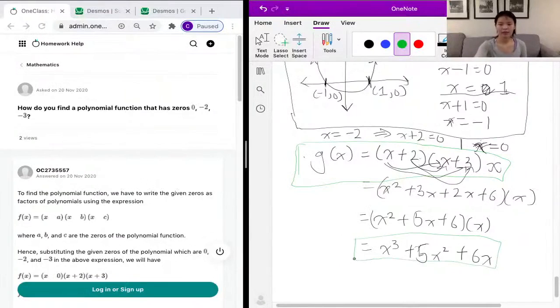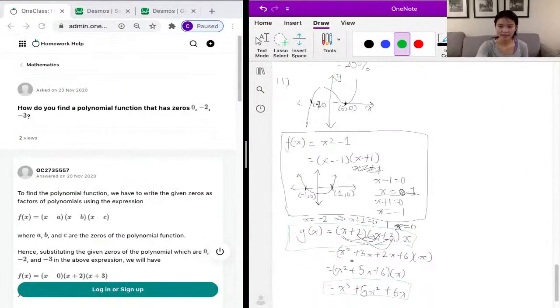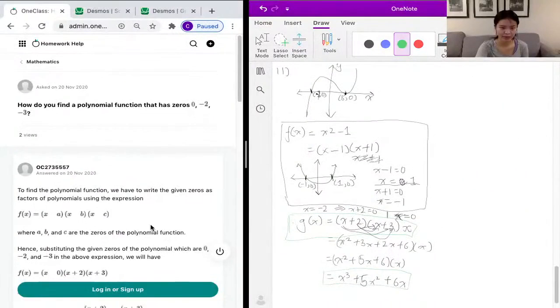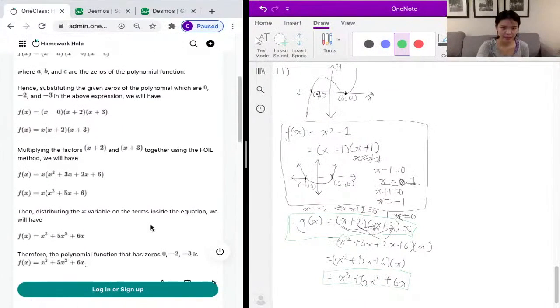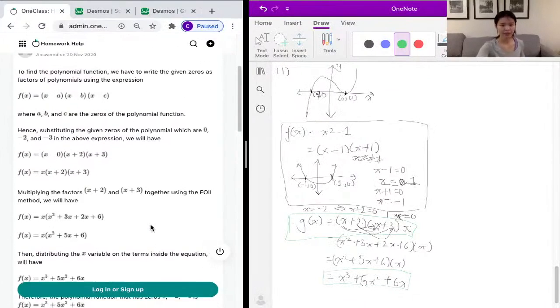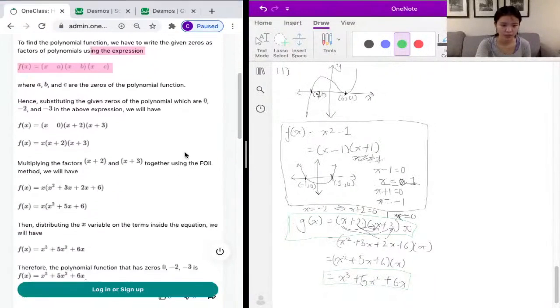Perfect. Nice. Now let's see what the sample solution is. The sample solution gave a brief explanation, but they just give you the expression without really explaining it too much. I guess you can also do that, that would also be a way to do it.